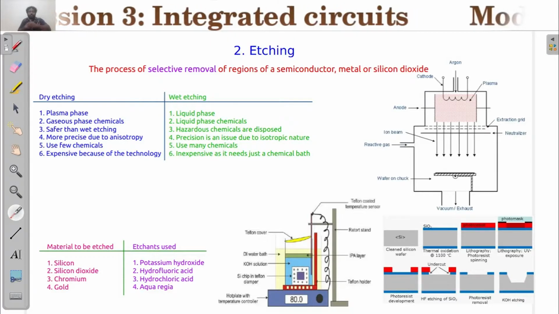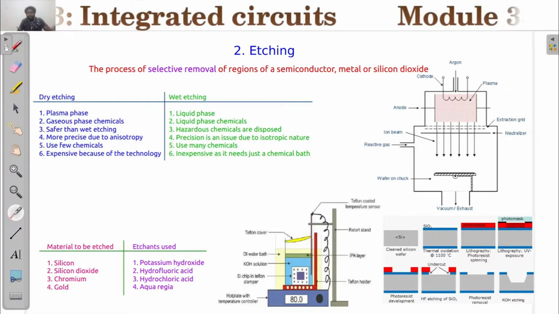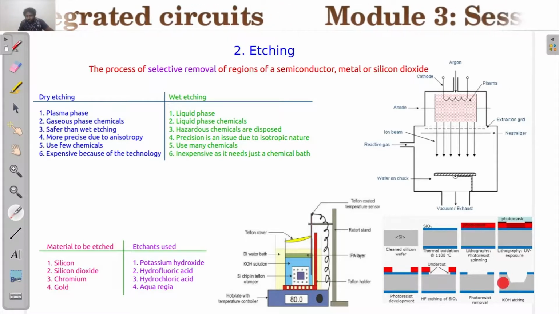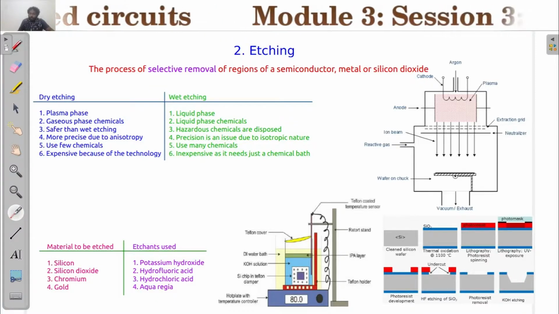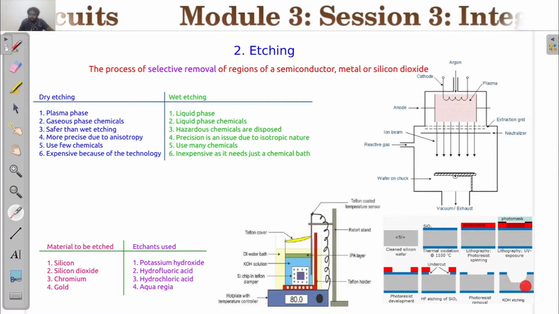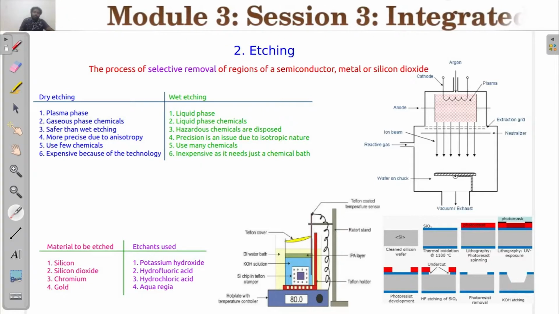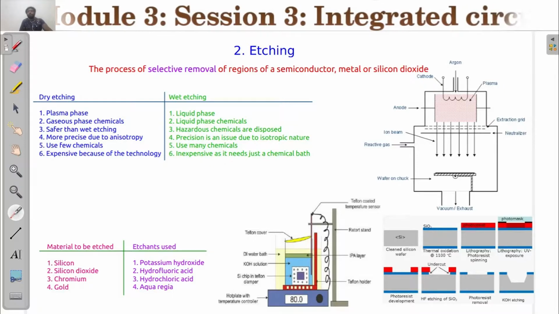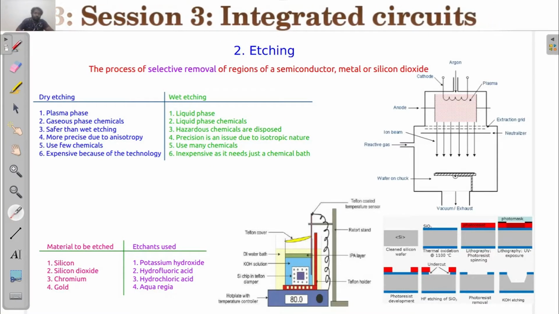So it will be reacting in all the directions. So any chemical that is reaching here, it will react here, it will react in this direction. Everywhere it will be contributing to the reaction. So the sides will not be exactly rectangular. It will be somewhat rounded. So that is the problem in wet etching. The precision is an issue due to the isotropic nature of the etchant chemicals.